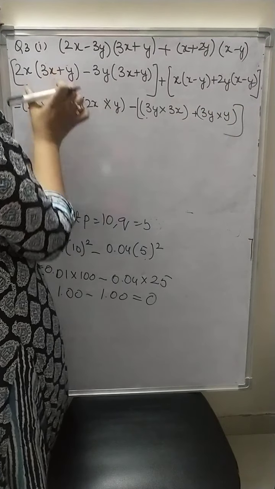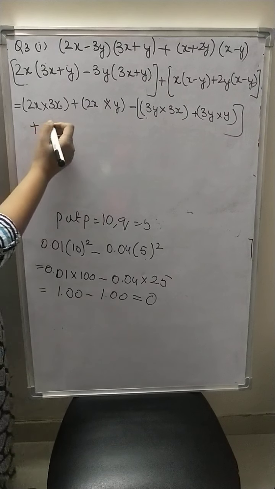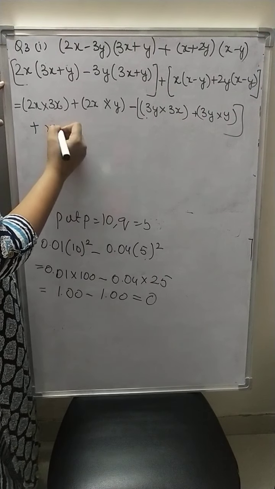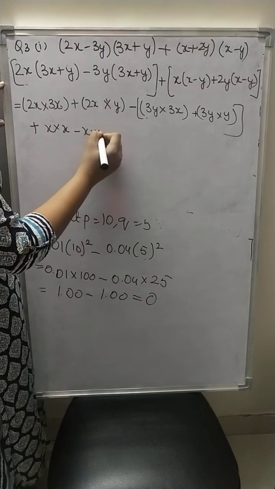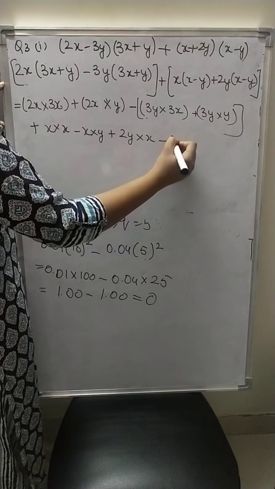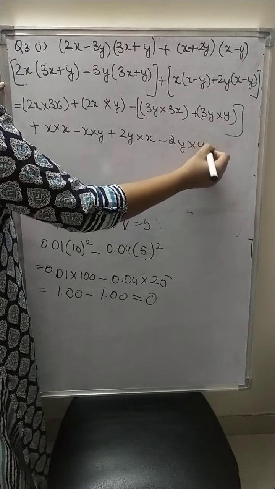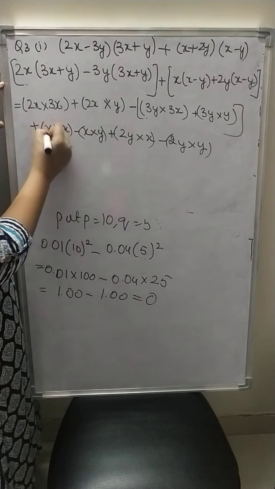Right now just solve this and this, now its turn, plus x into (x - y) means x into x minus x into y plus 2y into x minus 2y into y. You can always use a bracket here so that there is no confusion.